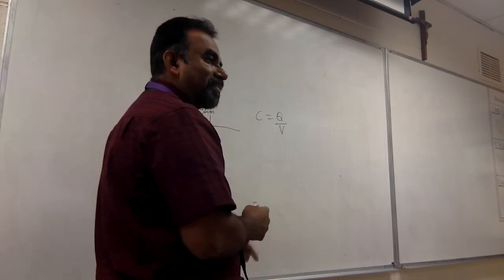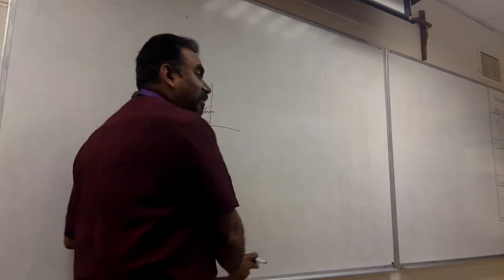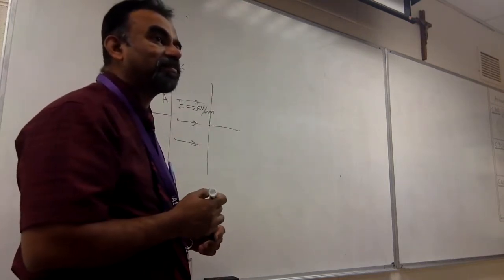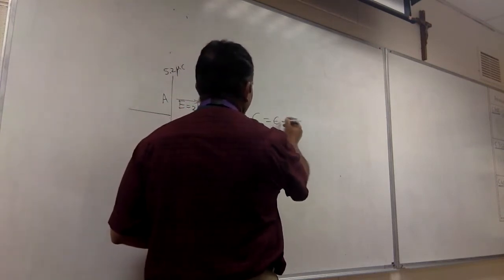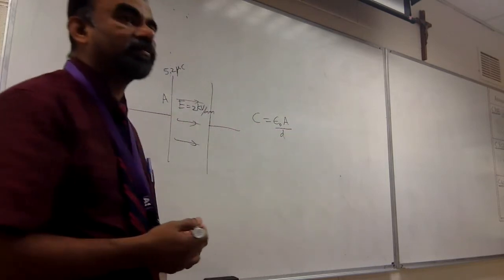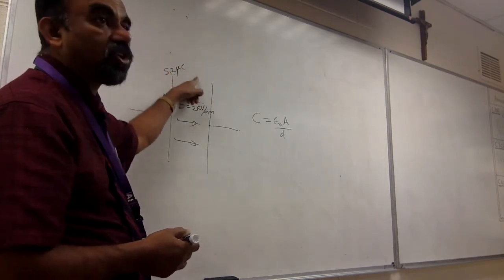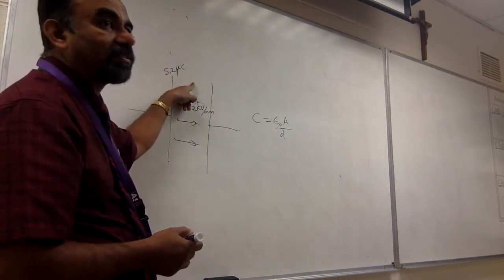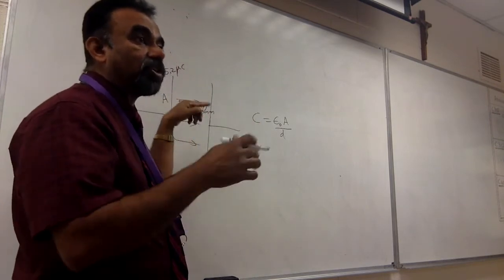We need the area somehow, right? C equals epsilon area over distance. But where is C? 5.2 is not C, that is charge. C is measured in farads. This is charge Q.